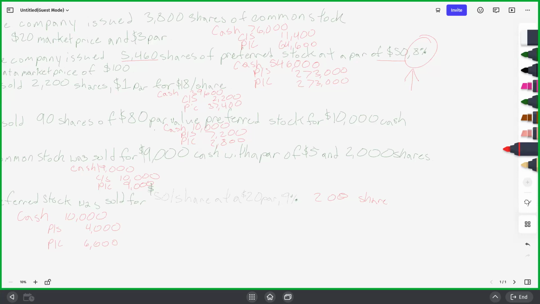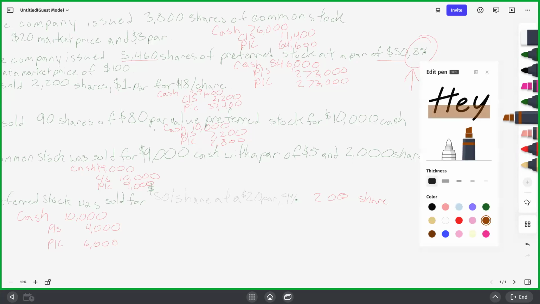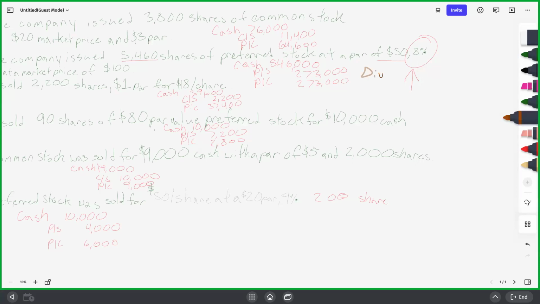So that's going to be the dividend. I'm going to put that in this color. There we go.